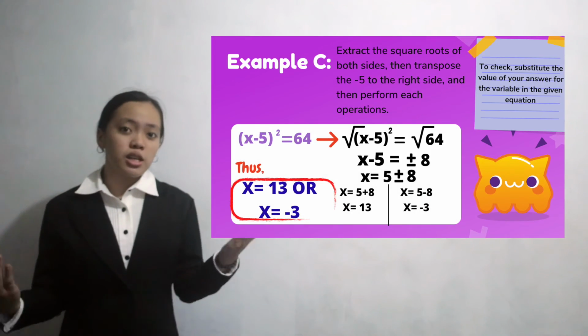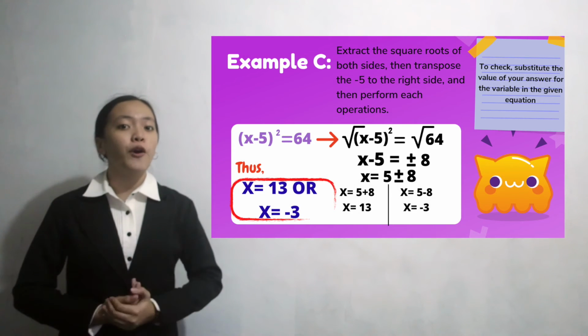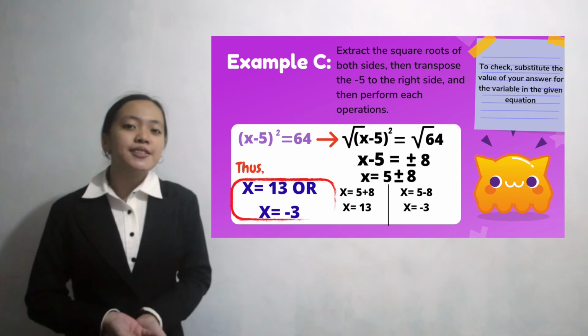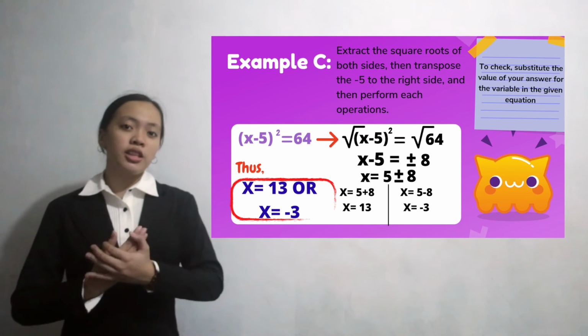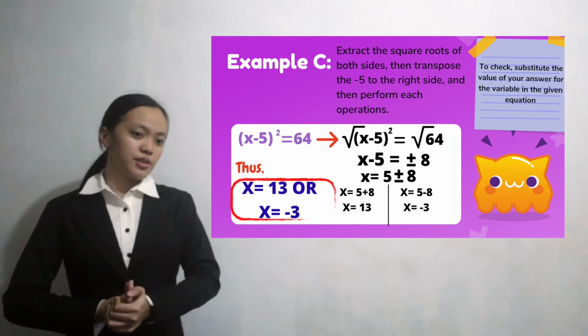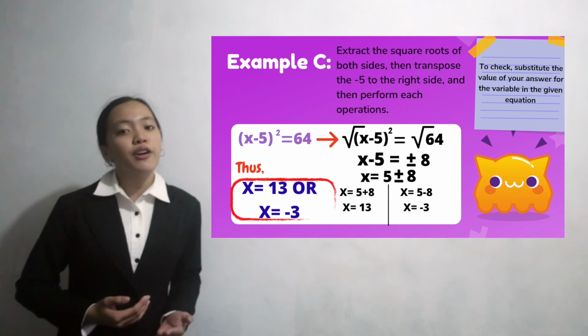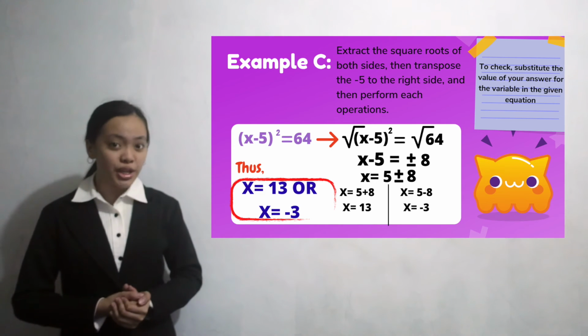But then we still have two remaining operations. We need to perform each operation separately. So we have x equals 5 plus 8, and the answer is x equals 13. On the other hand, x equals 5 minus 8, and the answer is x equals negative 3.